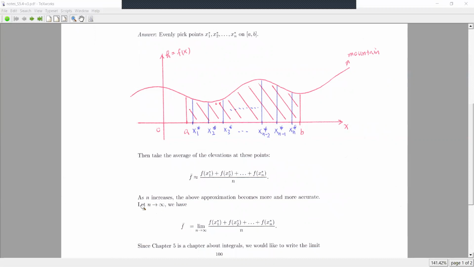Now I increase n, the number of points, to infinity. Then this average will approach some number. The number is exactly F bar. So F bar, the average elevation of the mountain between A and B, is this limit.